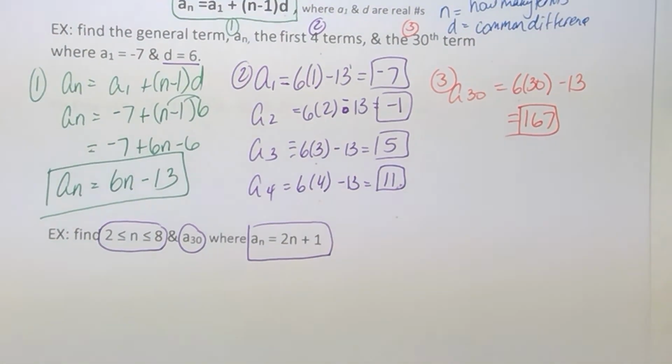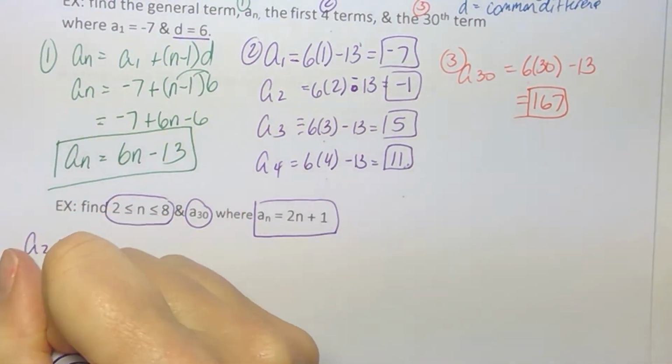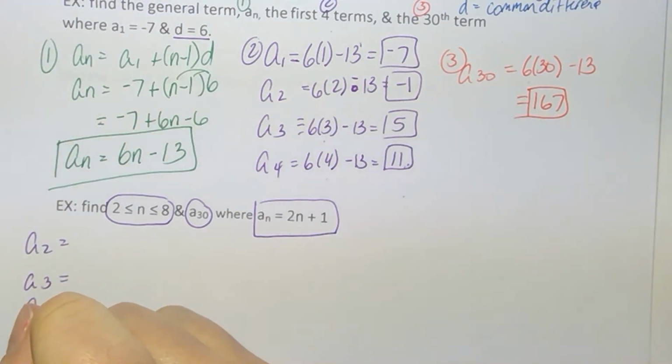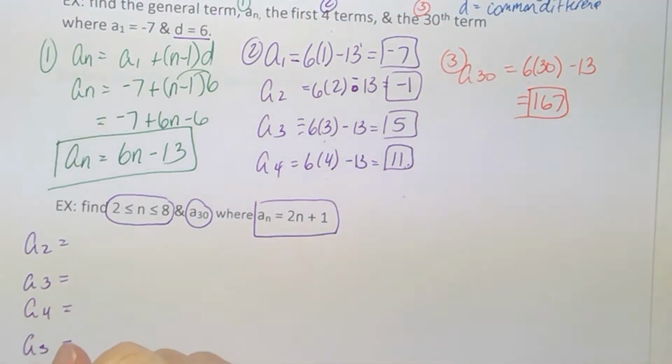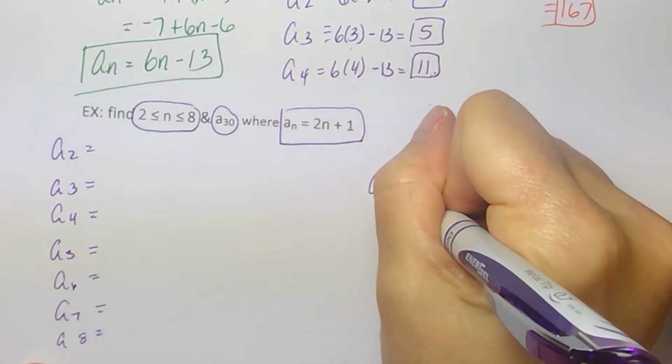So let's set this up. We're going to find the 2nd through the 8th term, so a sub 2 all the way through a sub 8. And then we also need the 30th term.